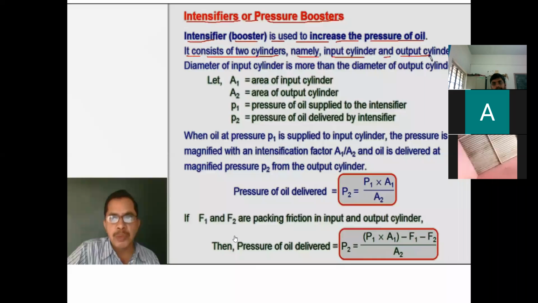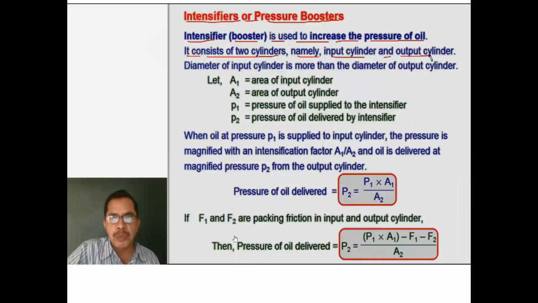The diameter of the input cylinder is more than the diameter of the output cylinder. A1 is the area of the input cylinder, A2 is the area of the output cylinder, and P1 is the pressure supplied to the input cylinder of the intensifier, and P2 is the pressure of oil which is delivered by the output cylinder.